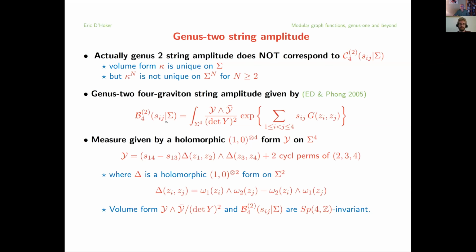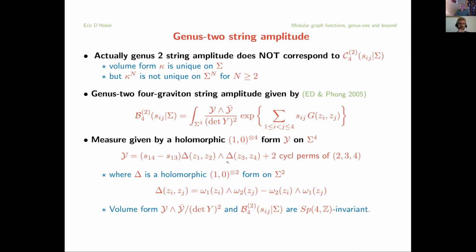And so what is the measure? Well, it's a little bit more complicated. It actually depends on these kinematic variables S, to linear order, and then a quantity called delta, not to be confused with a Riemann vector. So delta is a biholomorphic 1 form on sigma squared, which is formed like so out of the holomorphic abelian differentials.